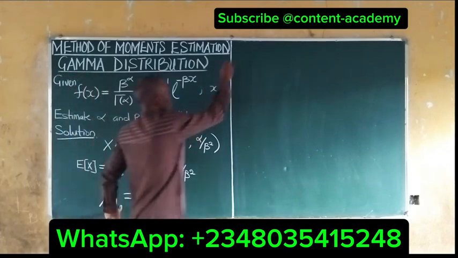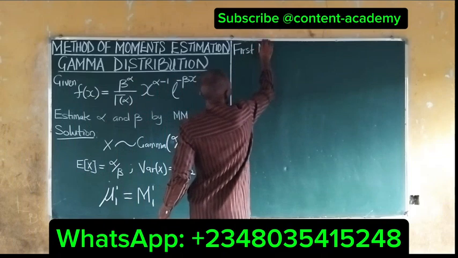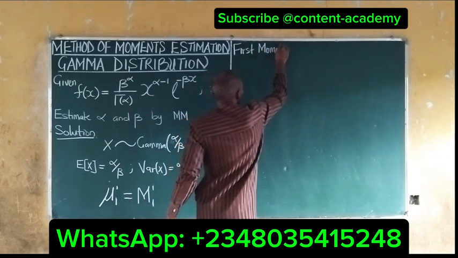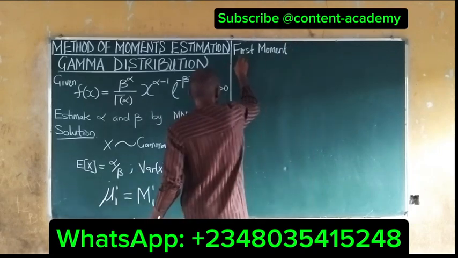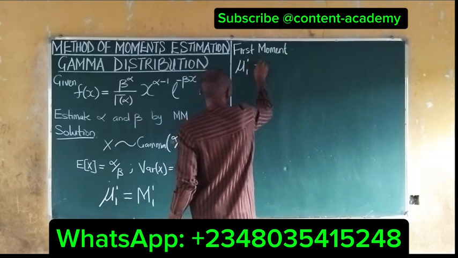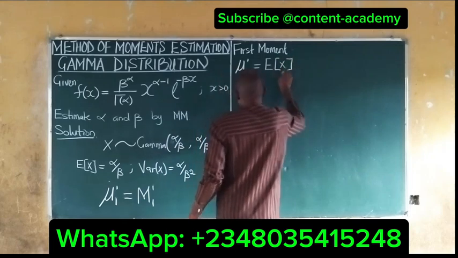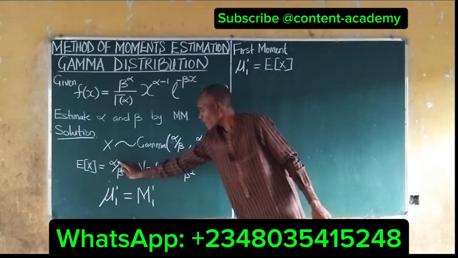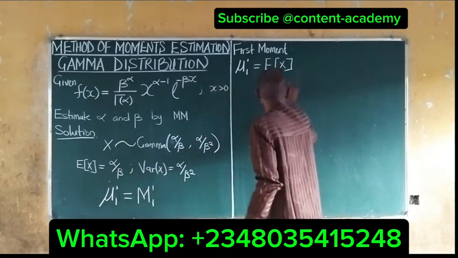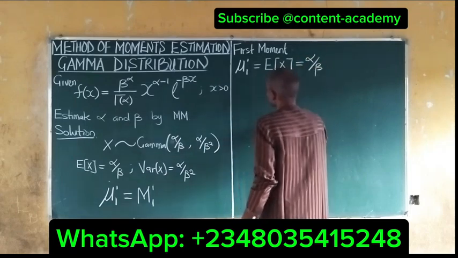So for the first moment, our population mean, which is mu, is equal to the expected value of x. And the expected value of x, as we have already shown here, is alpha all over beta. So we have it equal to alpha all over beta.